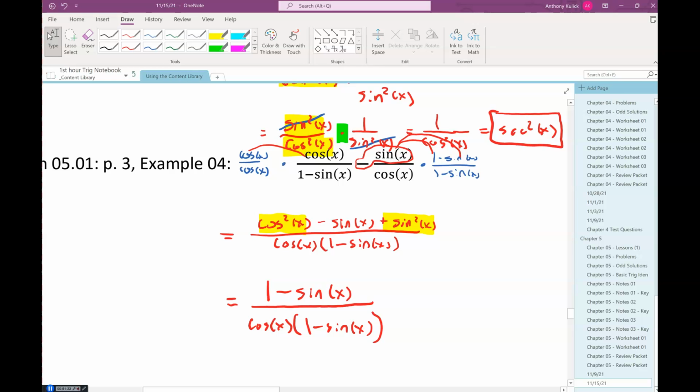Everybody okay to here? You guys see anything to do now? I see an algebraic thing that I would like to do. Can I cancel what?